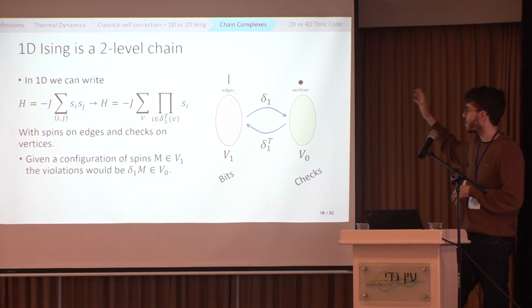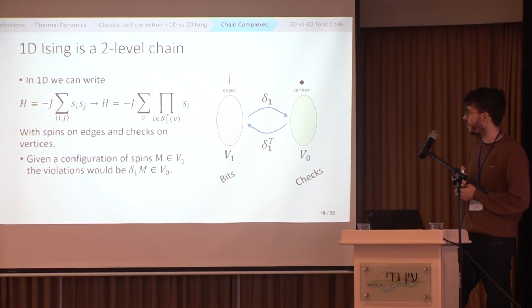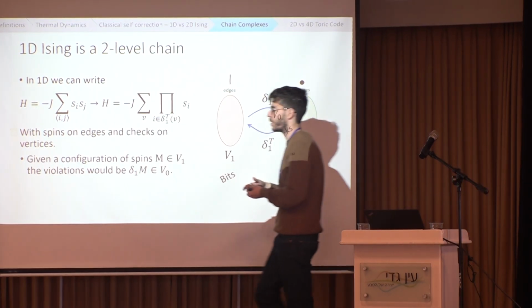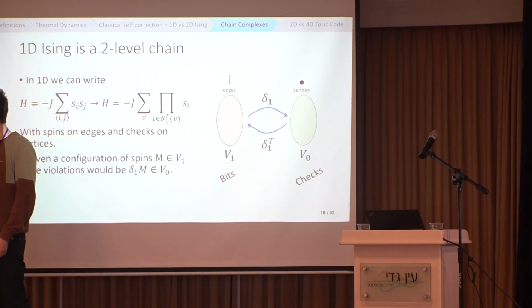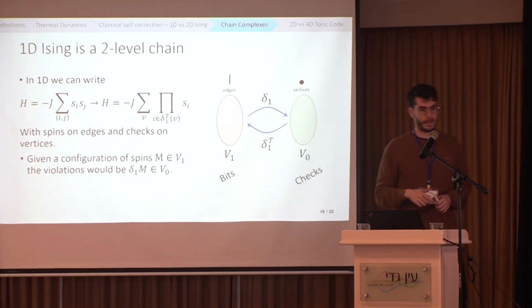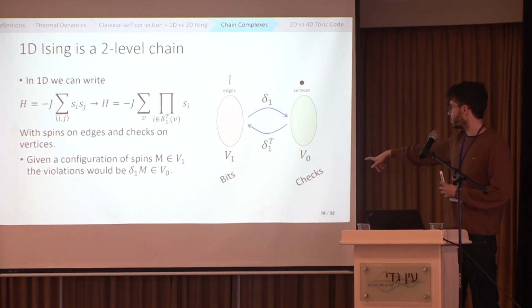They will be ones for every violated check. These are what we had as vertices in the 1D case. And checks are vertices.